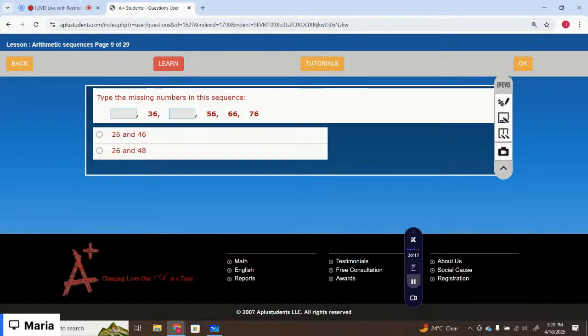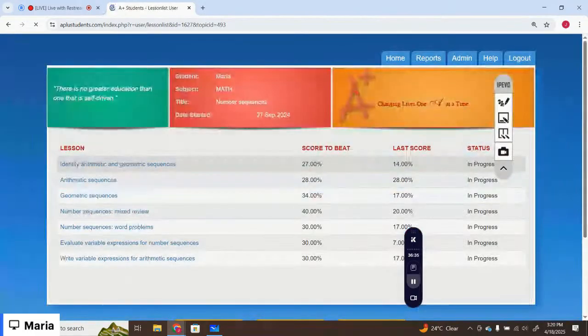Okay, you can complete the lesson by yourself today. Let me just move on to the next lesson. Geometric sequences.